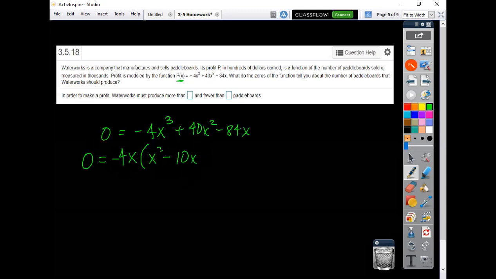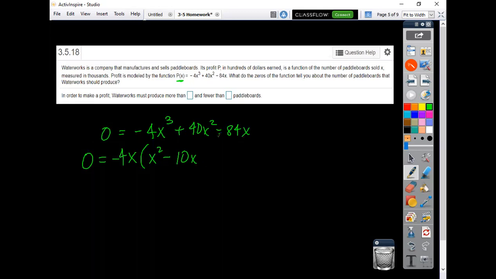And then I factored this minus out of there, so that'll be an addition or plus there. And 4 times 21, I believe, is 84. Yeah, and then it would look like that. So on this one, if your factoring skills are very good, it might actually be faster.